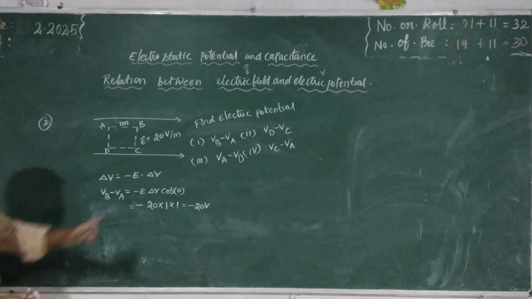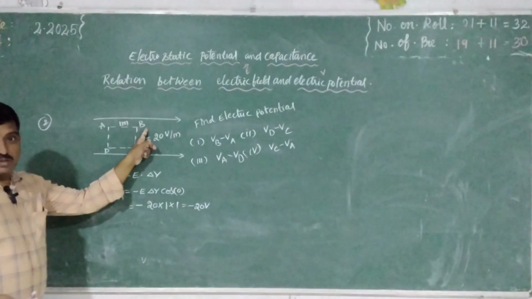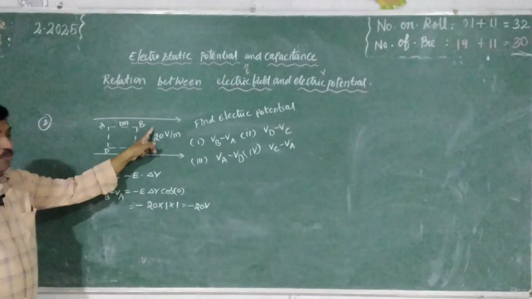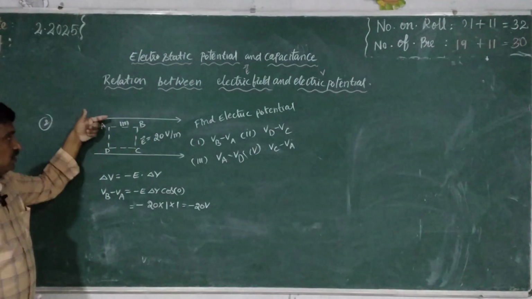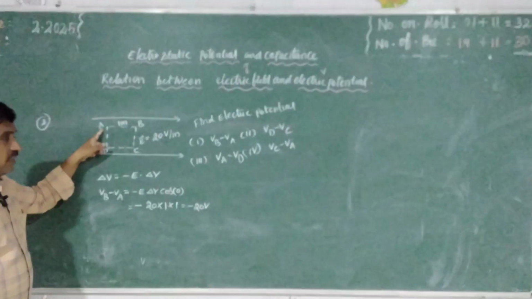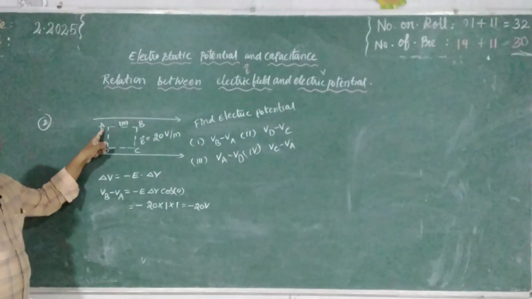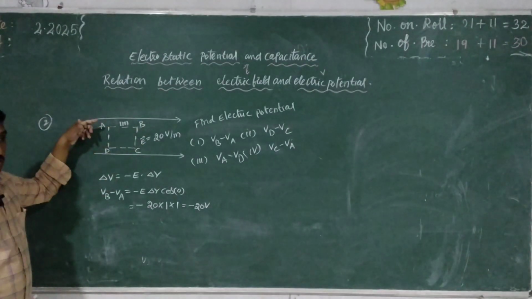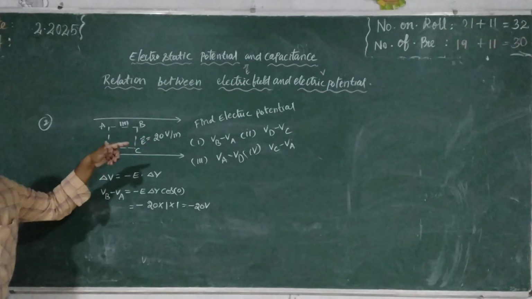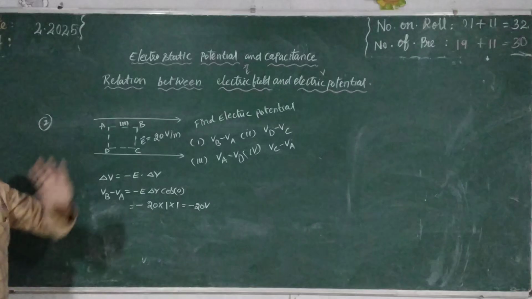This is the direction of the electric field. Potential at A is greater than at B, because electric potential always decreases in the direction of electric field.